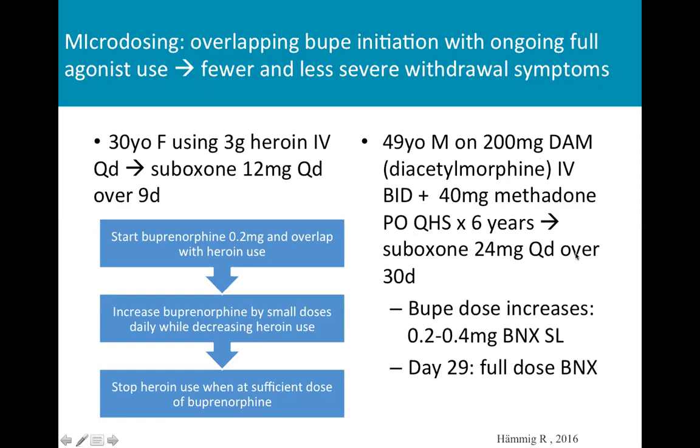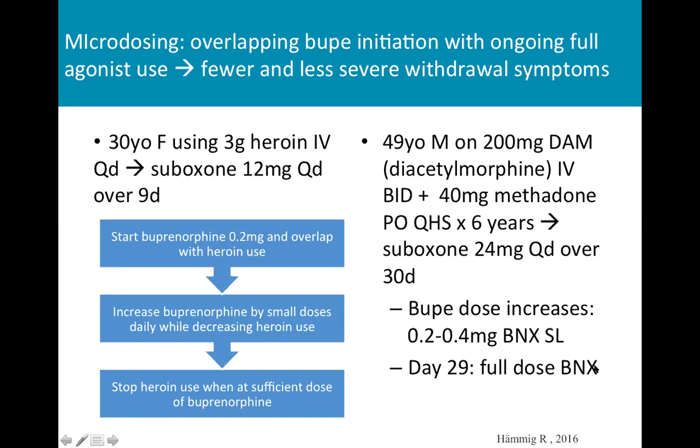Over the course of 30 days with microdosing of Suboxone, he was able to transition successfully without any withdrawal symptoms. For him, his bup doses were increased stepwise from 0.2 to 0.4 milligrams of BNX, which is the buprenorphine or Suboxone formulation.